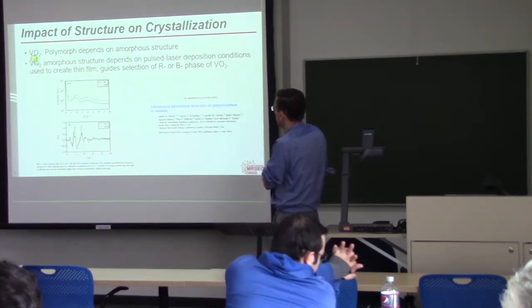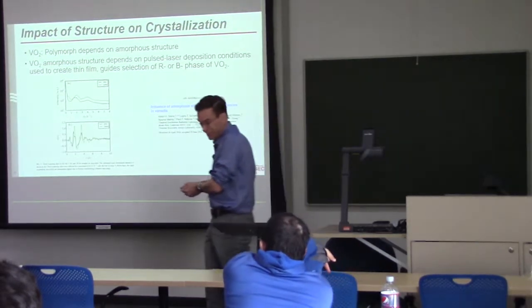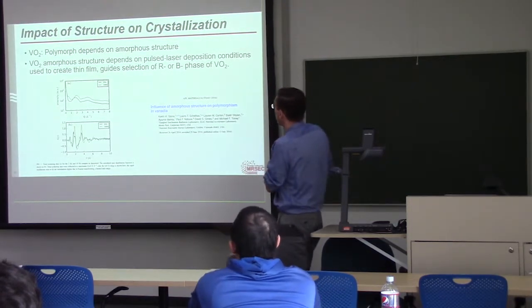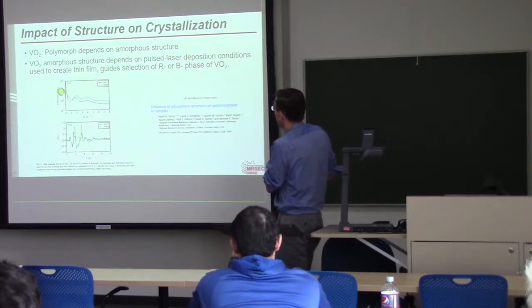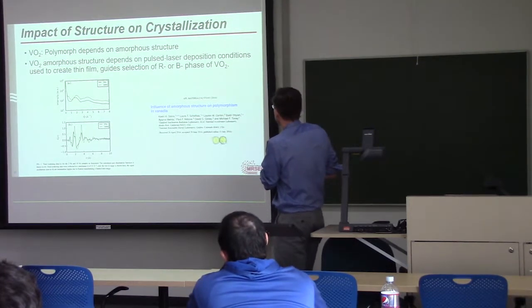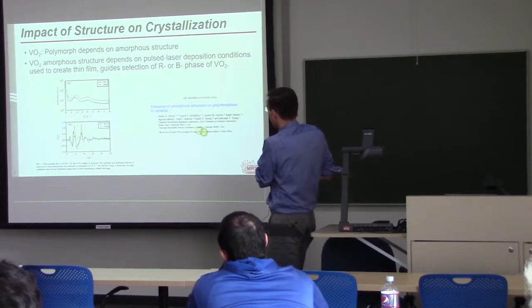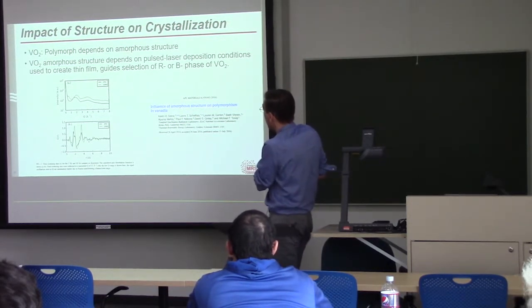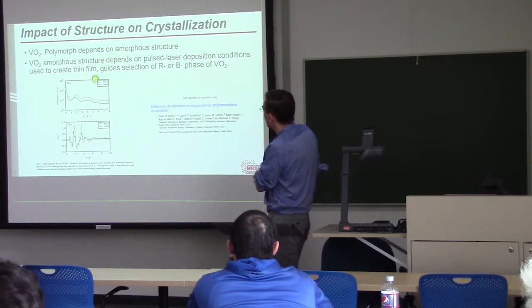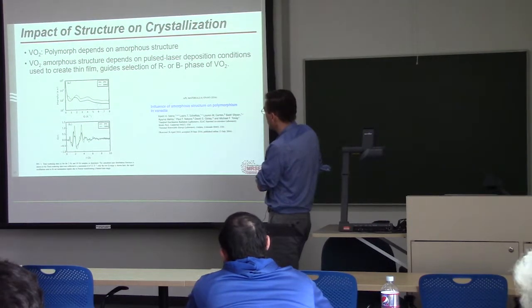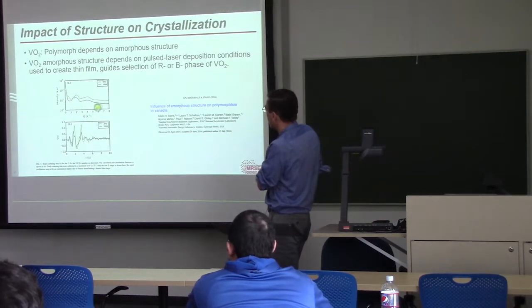Vanadium oxide is a fascinating material because it can have multiple crystalline forms. It has multiple polymorphs, and you can select the polymorph, apparently. This was discovered in 2016 by a group from NREL collaborating with a characterization team at Stanford, where you can select the amorphous structure by changing the deposition rate and deposition conditions of the amorphous material. The green and the black are slightly different X-ray scattering distributions.